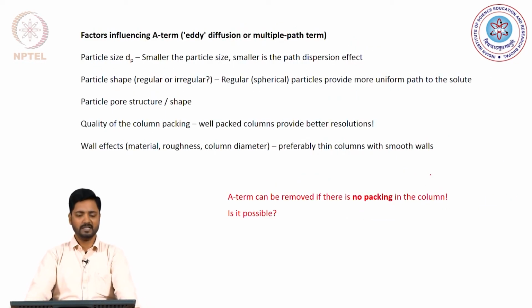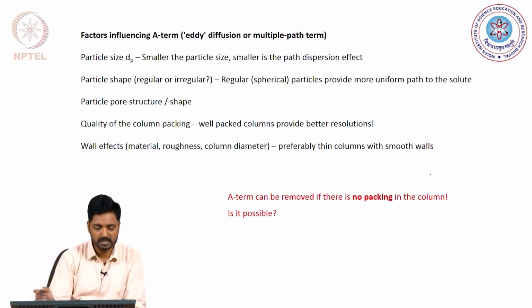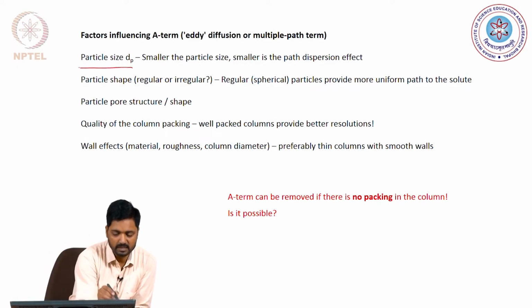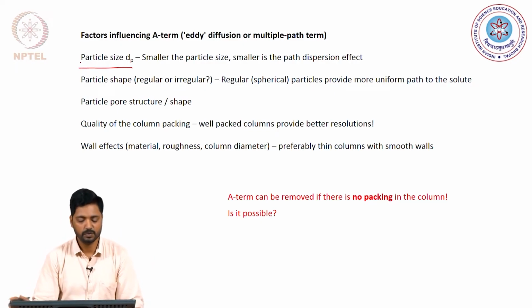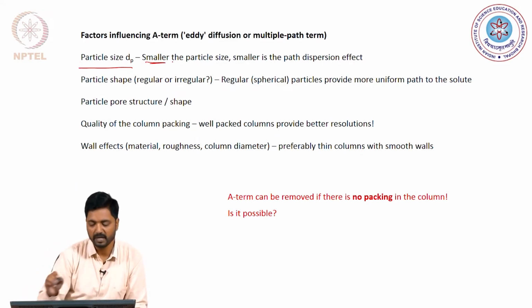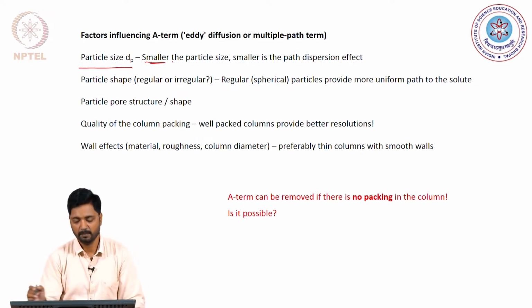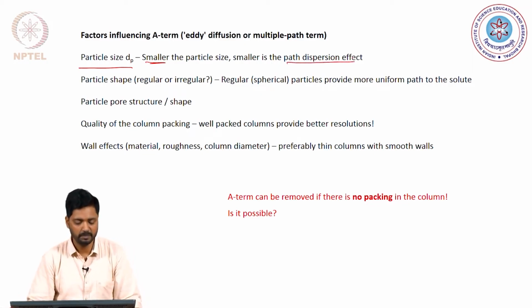What are the factors that influence our eddy diffusion term or the multiple path term? Of course, we discussed that the particle size has a very clear and major influence on the eddy diffusion term, and we would want to utilize smaller particles so that the path dispersion effect is minimized.